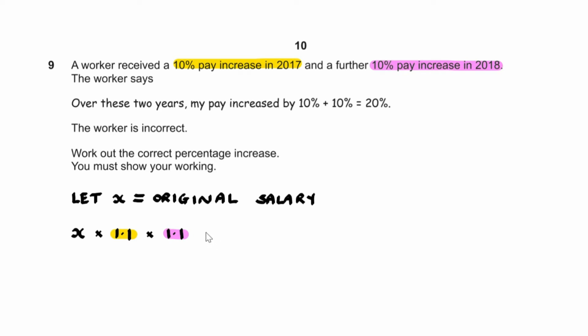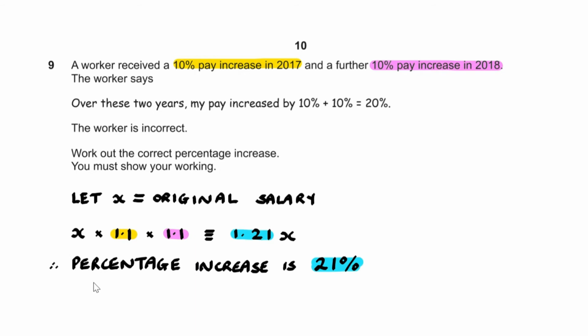So if we work out what this is equivalent to, we have 1.21x. And so, if we consider this 1.21 as our decimal multiplier, what we can therefore conclude is the percentage increase is 21%.